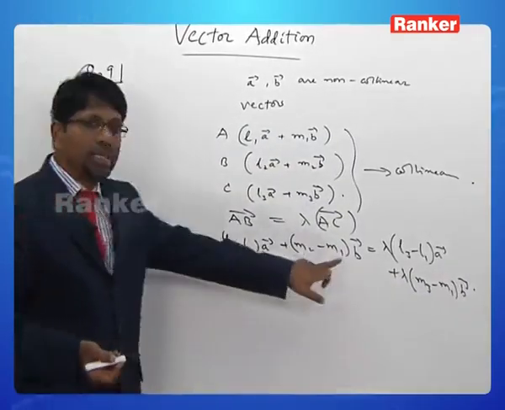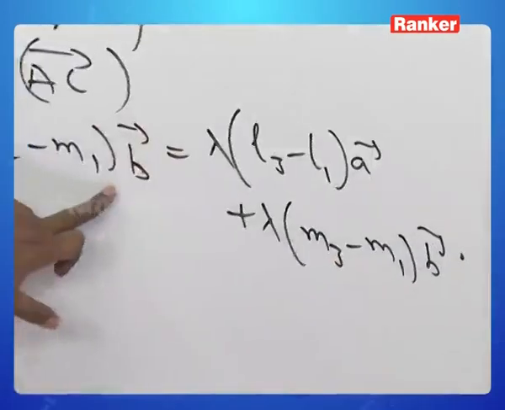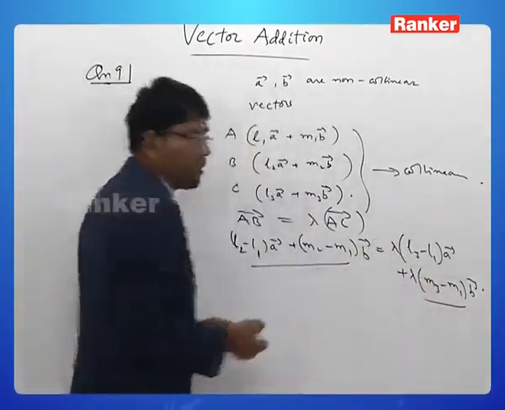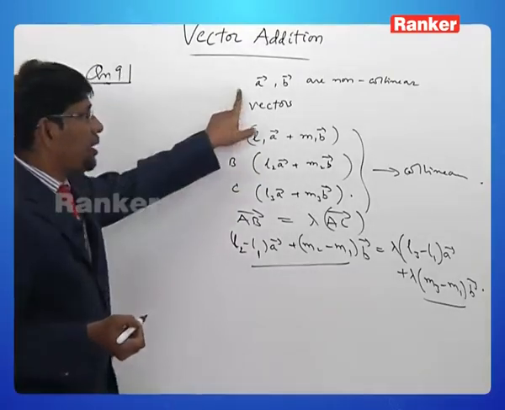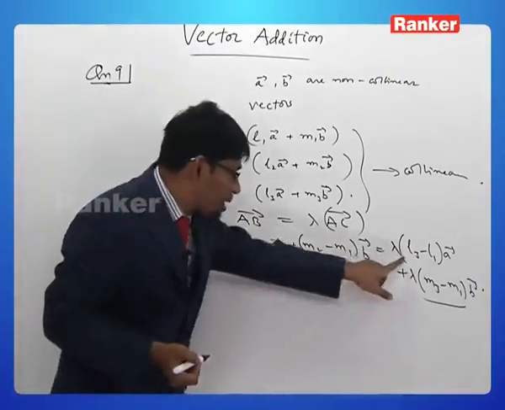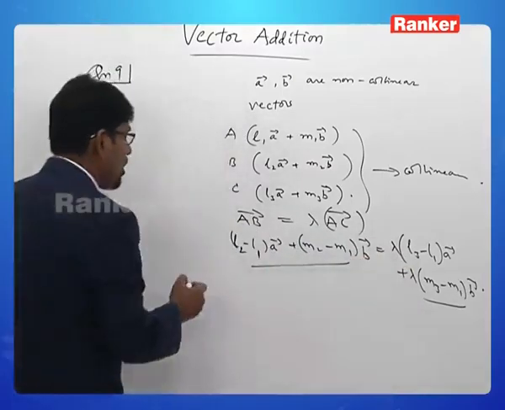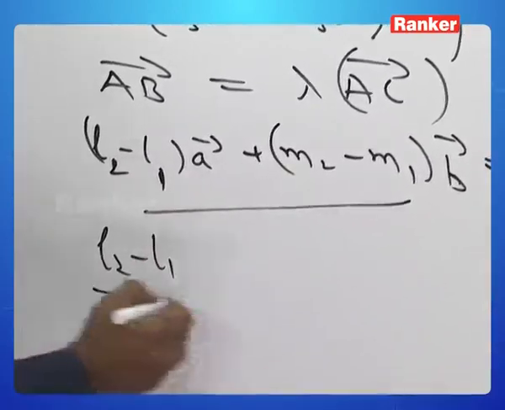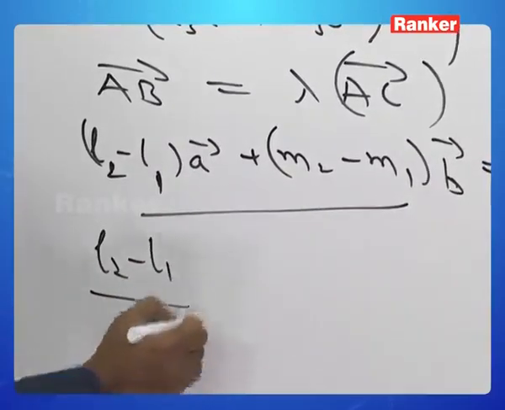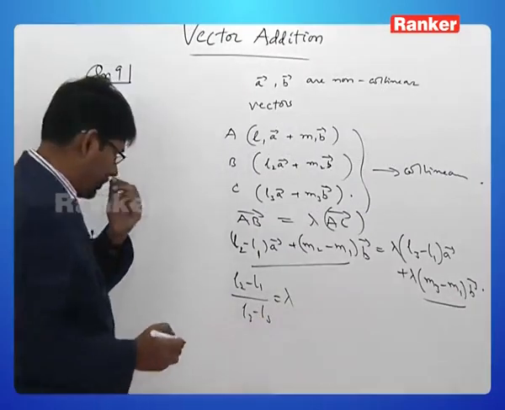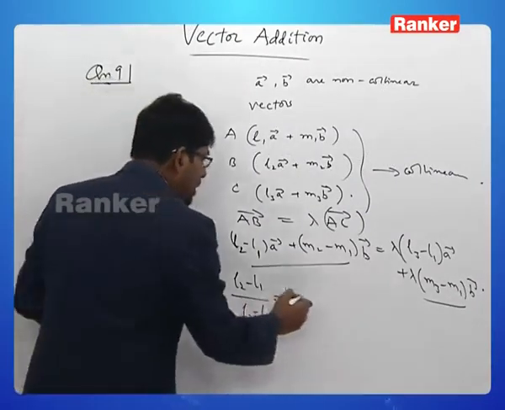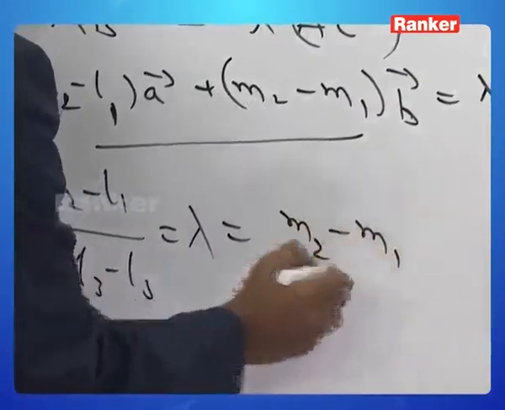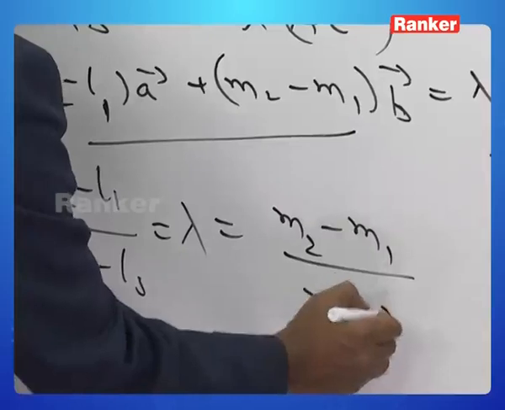When you have a linear combination of two non-collinear vectors, this is one linear combination, this is another linear combination of a bar and b bar. Because they are non-collinear vectors, the corresponding scalars can be equated. So (L2 minus L1) by (L3 minus L1) is equal to lambda, and that lambda is also equal to (M2 minus M1) divided by (M3 minus M1).